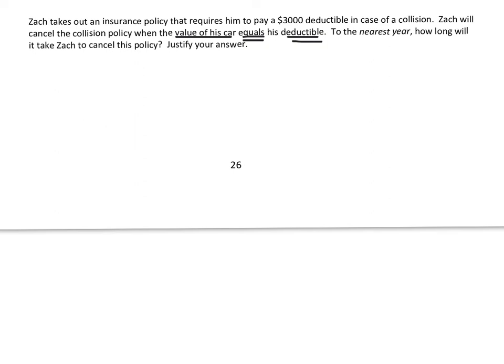So let's take v of t, which is 28,482.698 times 0.684 to the t power. We're taking the value of his car, v of t, which we wrote right here, and setting it equal to his deductible. They told us the deductible is $3,000. So this is the equation we're going to solve.